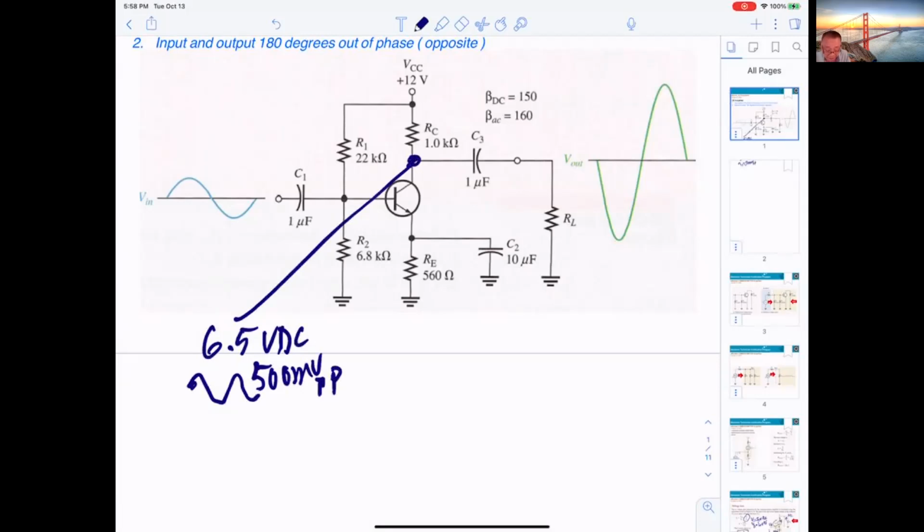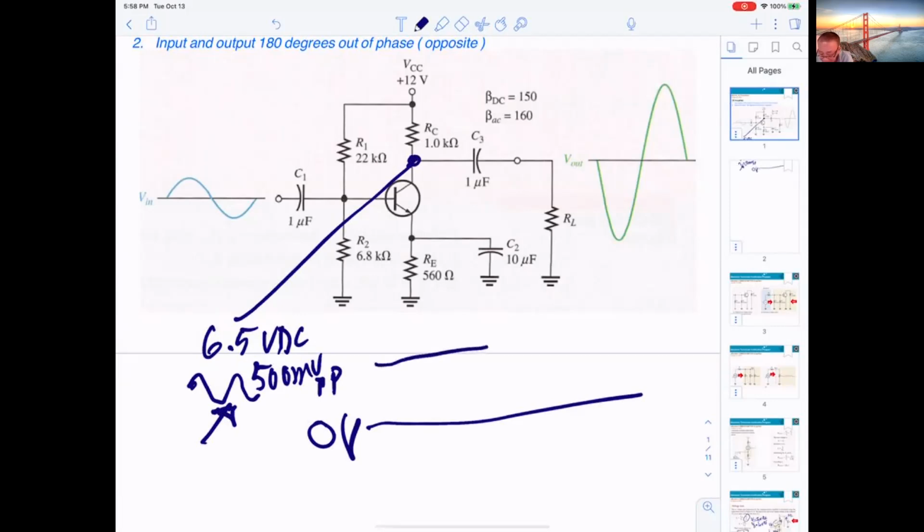If you set your scope to DC, you cannot see the AC sine wave because that voltage is too small. If you look at the collector, you can see on the scope 0 volts right here, and you get 6.5 volts up here.